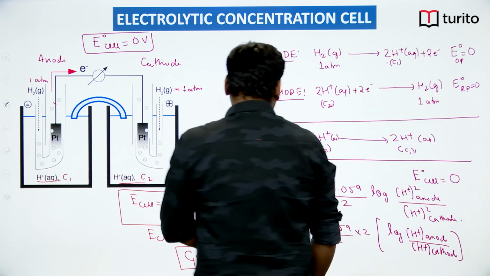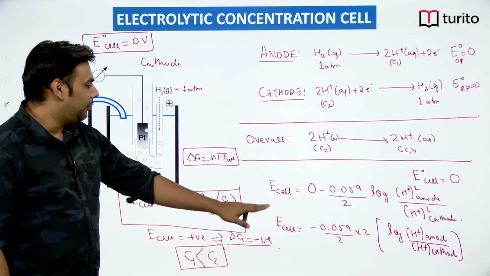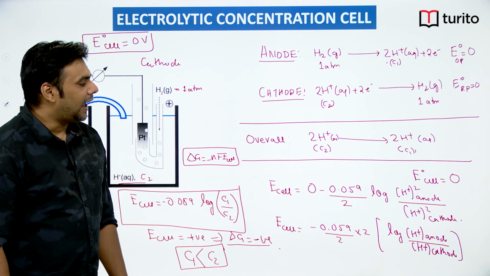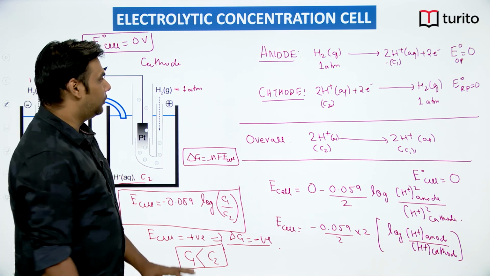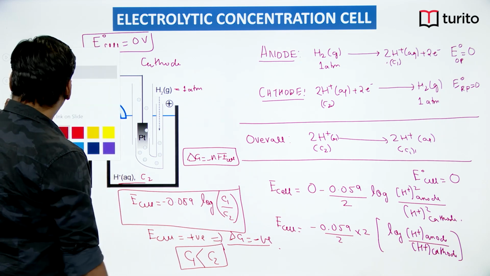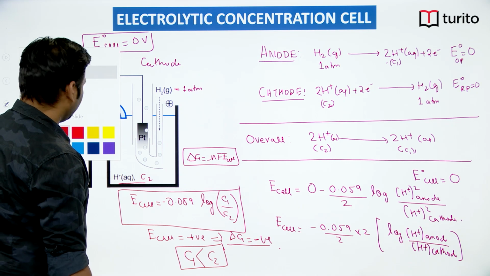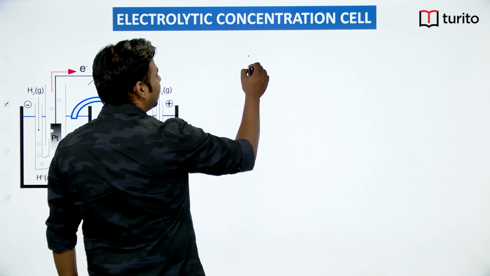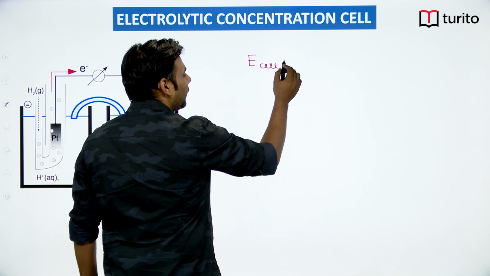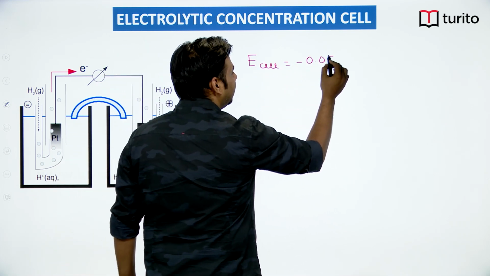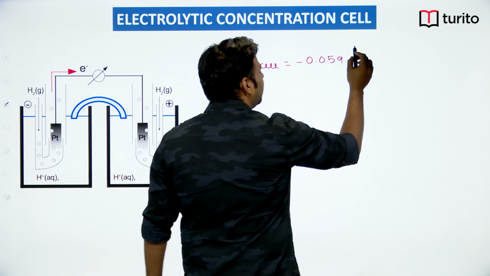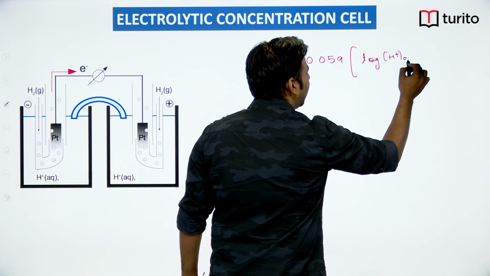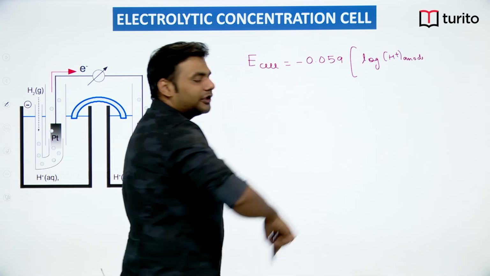So just look at this expression. We derived E cell as minus 0.059 into log of H plus anode upon H plus cathode. I am just going to write that equation again and elaborate on a very important property. So I wrote E cell as minus 0.059 into log of H plus, that is coming from anode, divided by H plus coming from cathode.